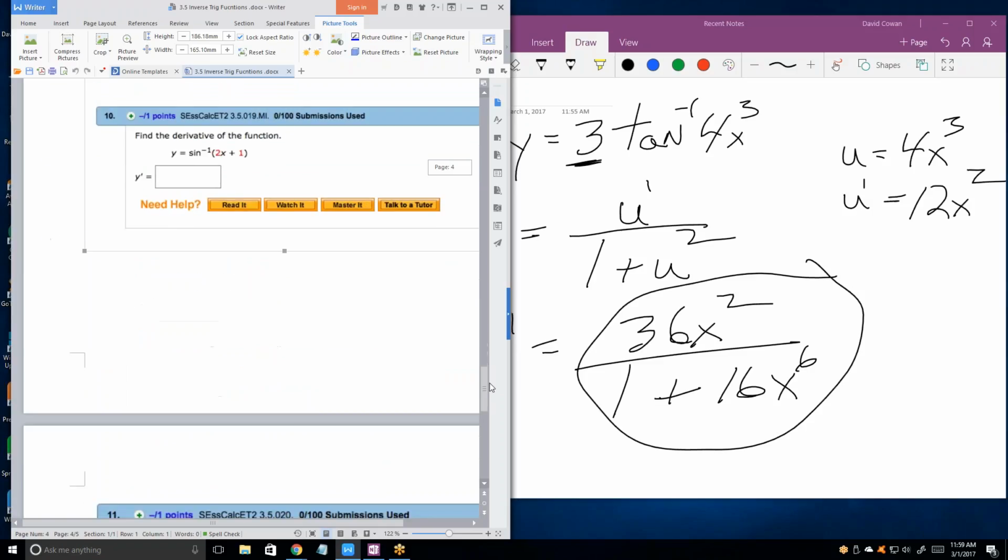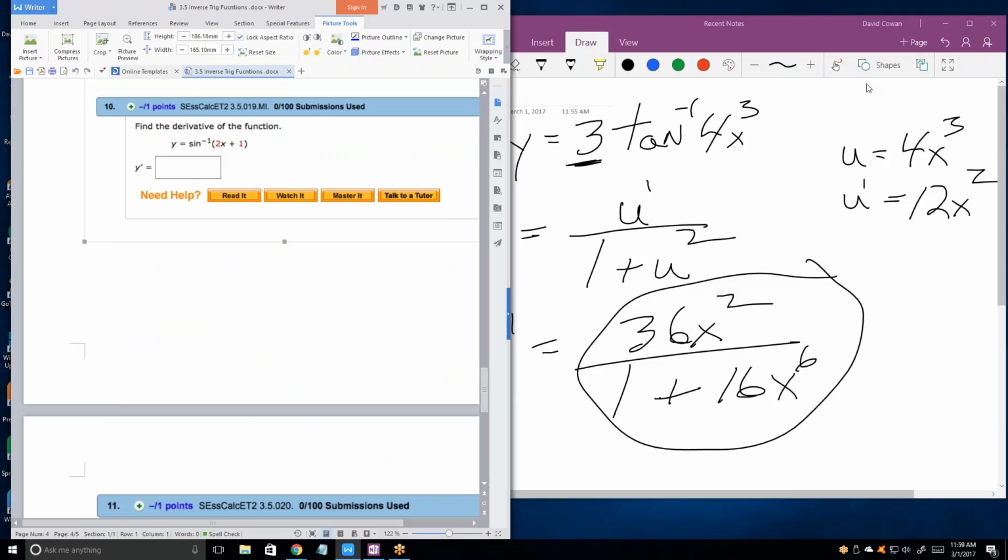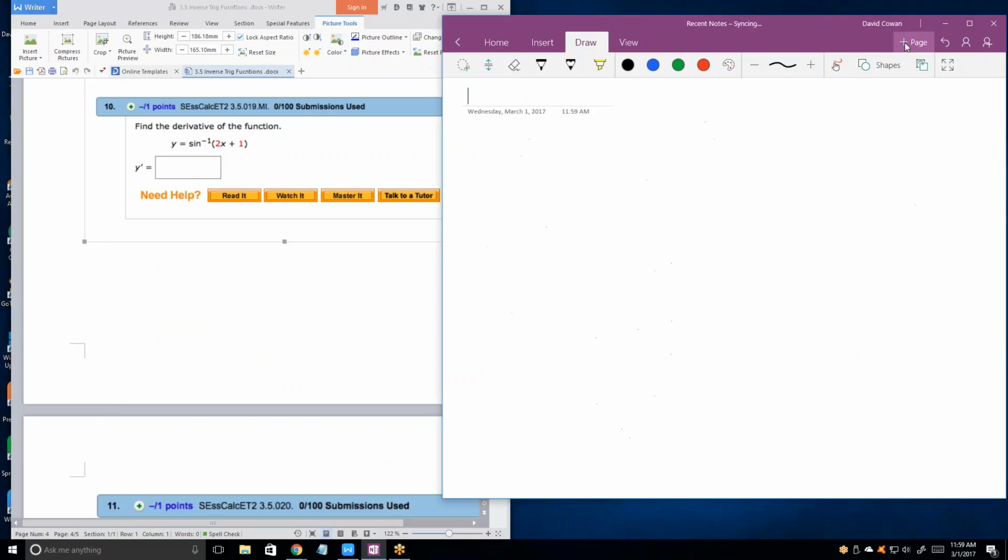Let's do 10 and 11 first, and then we'll go back and do 9, just because 9 is a double application of the chain rule. In other words, there are 2 different chain rules required for number 9. Number 10, not so much. We'll do these fast.